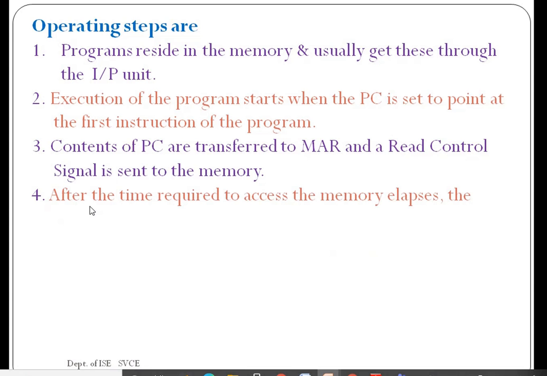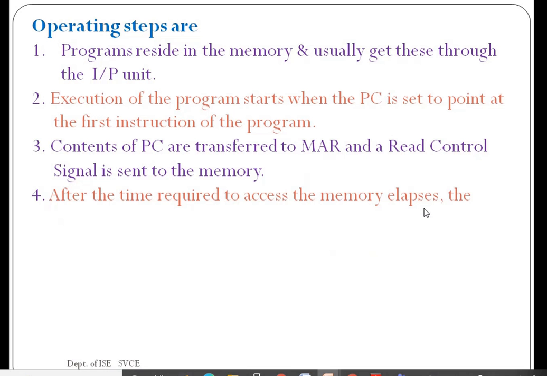Then the time required to access the memory elapses. It takes some amount of time to read the data from main memory and transfer it to the processor, because it has to go to that particular location, read the content, and transfer it through the bus. It requires some memory access time.